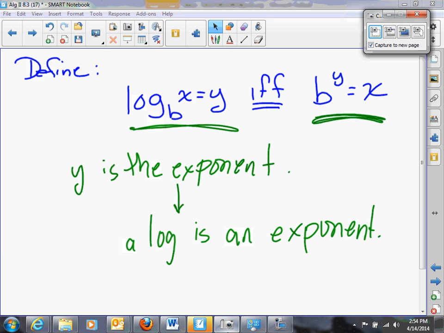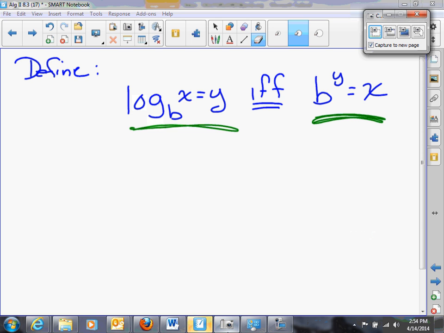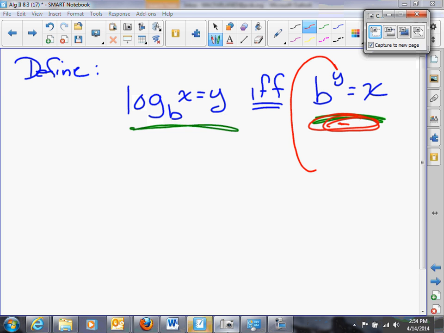All right, now let's go a little bit deeper. We know now that whenever you see the word log, we're actually talking about an exponent. But now, let's take a look again at this exponential equation right here and ask ourselves, what is y's claim to fame? Look at y here for just a minute. What is true of this exponent y? Pause again. You can pause the tape if you want longer. Here we go.